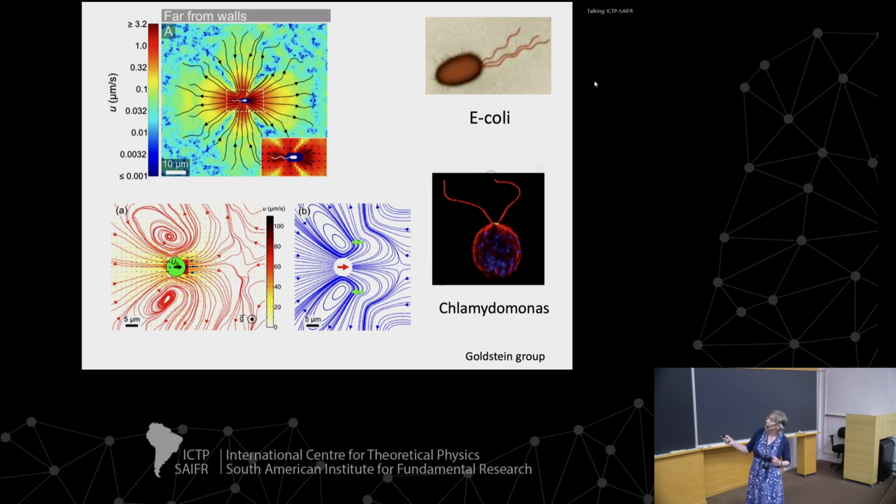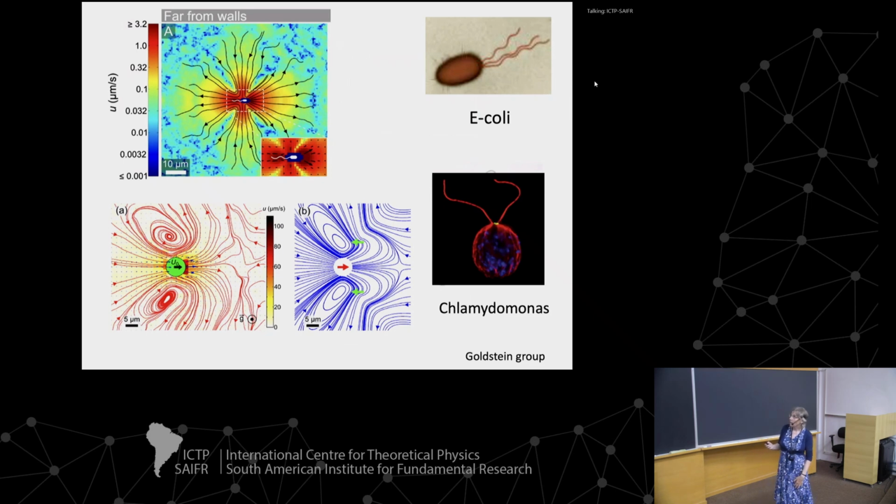And you can see here a very beautiful dipolar flow field out from the ends and in from the sides. That's called a pusher, an extensile flow field. By extensile, I mean it's out from the ends and in from the sides. This one's Chlamydomonas, which is this character here that does breaststroke.